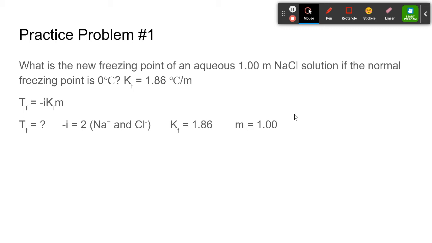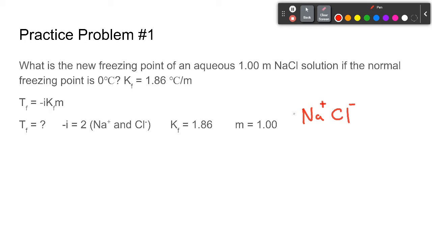Our negative i, we're going to have 2 there. And it's 2 because if we remember here with our sodium chloride, we have our NaCl. Na has a positive charge. Cl has a negative charge.